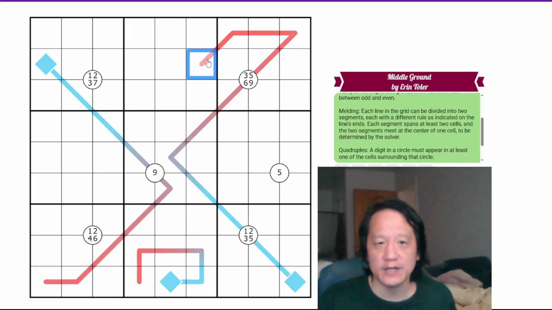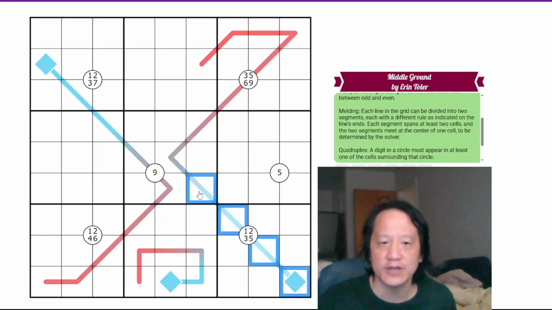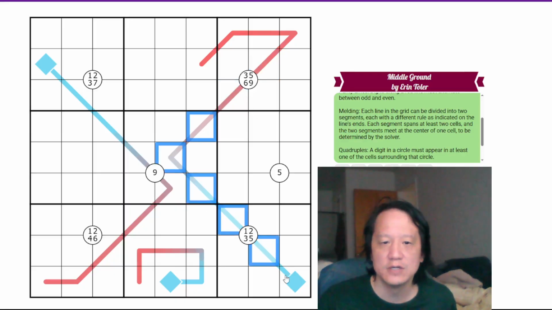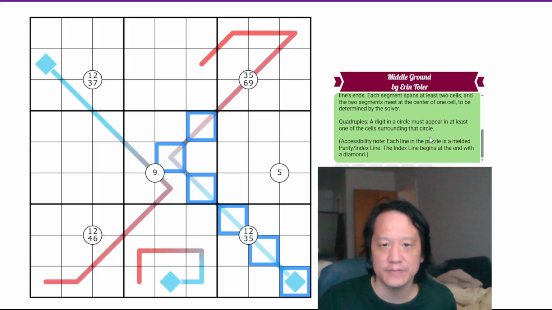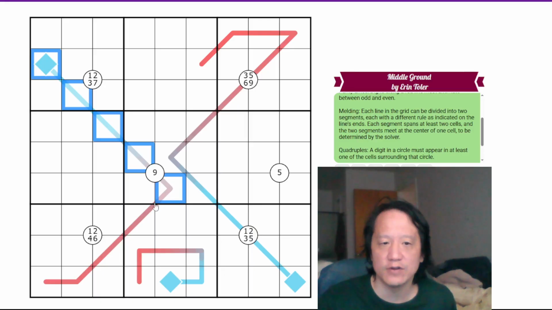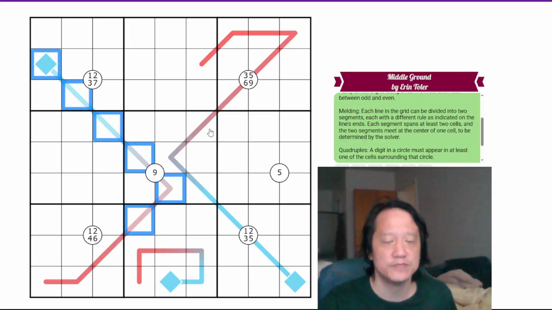So this starts as a parity line going here, but somewhere along the way it's going to have to end, and then a different segment starts, which is going to be an index line. And we have to determine that for each of the lines we have here. And each segment is at least 2 cells.